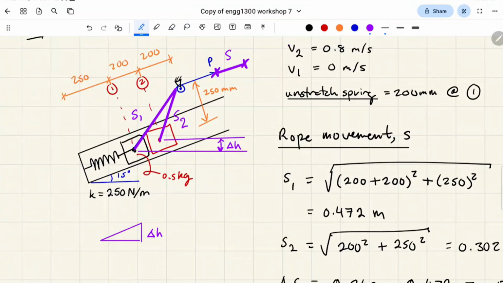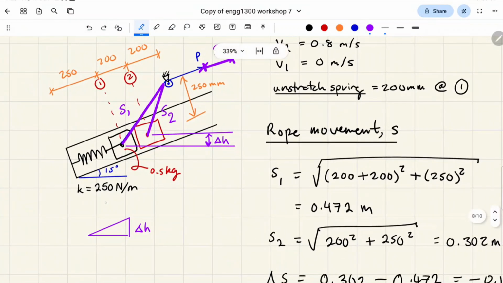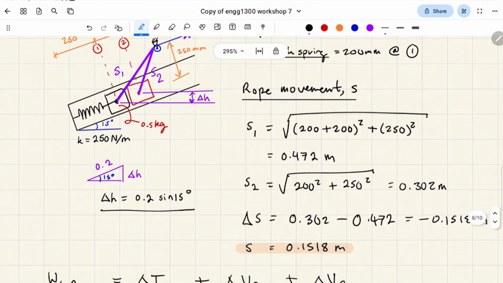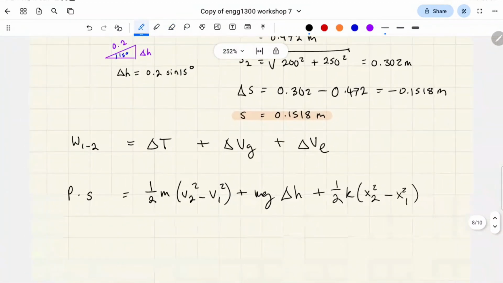This is delta h, and from here to here that's 200 millimeters, 0.2. We're not given the horizontal, but we are given the angle. That angle here is 15 degrees. So delta h is going to be 0.2 sine 15. I'll leave that as is for now and plug that in.